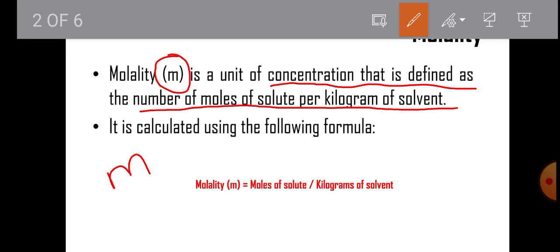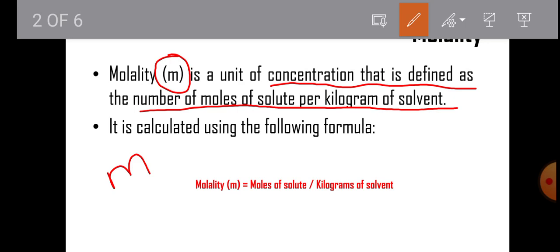In molarity, we discussed how molarity was calculated, but with respect to molality, here you have to note down the denominator, that is per kilogram of solvent, not liter.